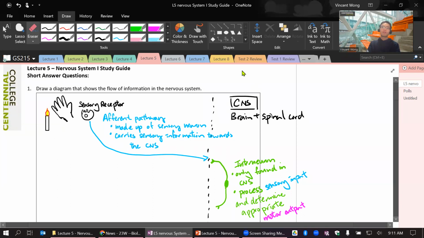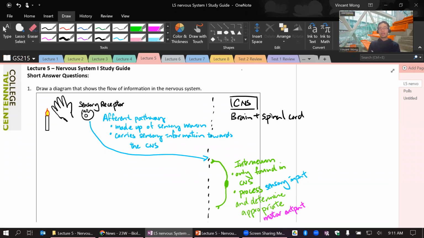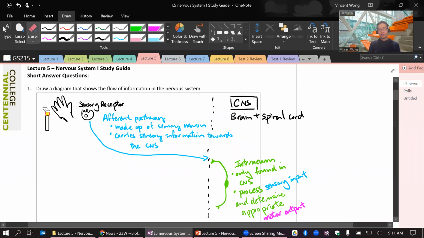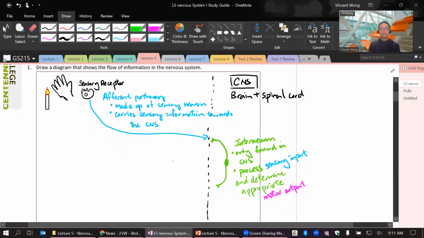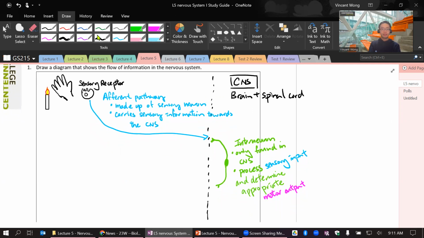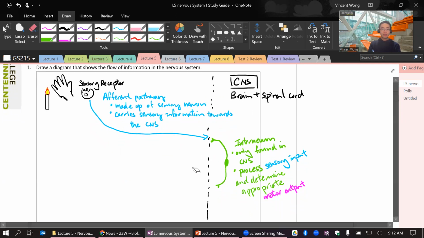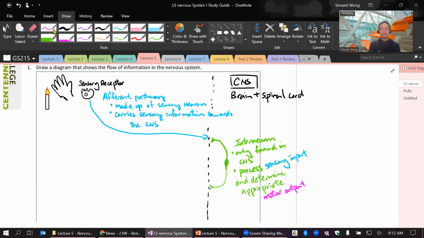It would take too long for the information to go up to the brain, make a decision, and come back down. That's a second too long, and you might burn yourself more than you need to. So that's why the spinal cord in this case will help you make the decision. I hope you know what the appropriate motor response is in this case: it would be to remove your hand.